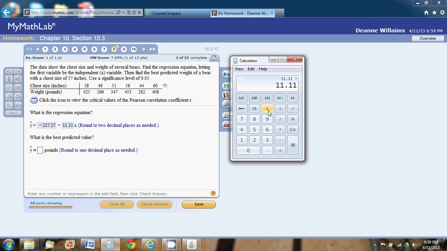We're going to multiply by our x variable that we're interested in making a prediction for, which is 57 inches. And then we'll take off that y-intercept here. That's negative. We should get 406 pounds.